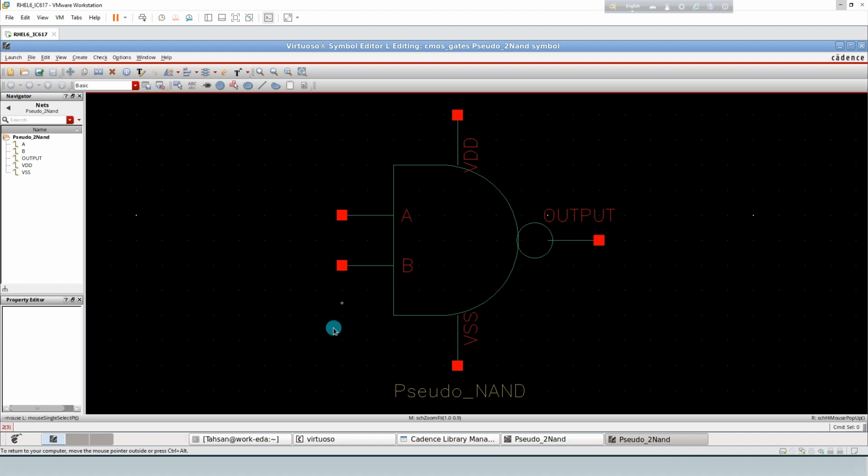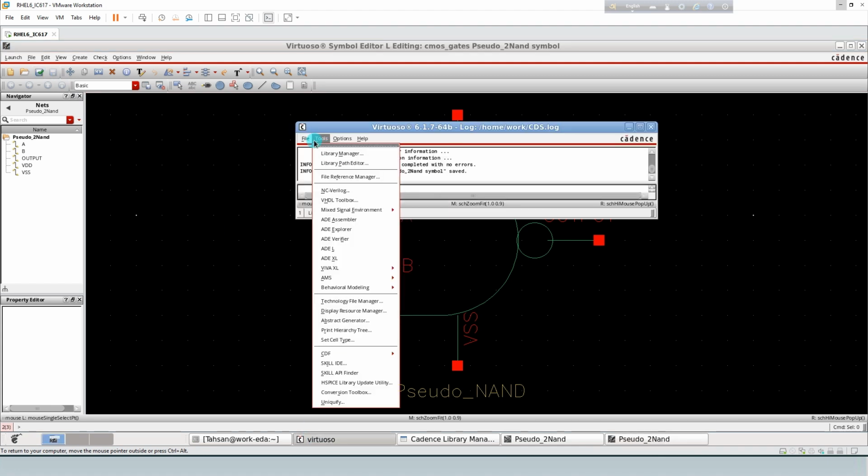Save the symbol and use this to show the final output response.